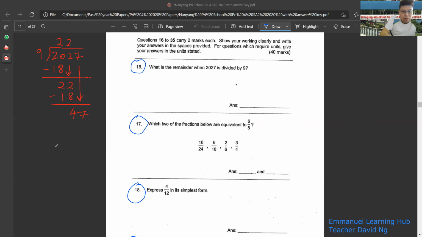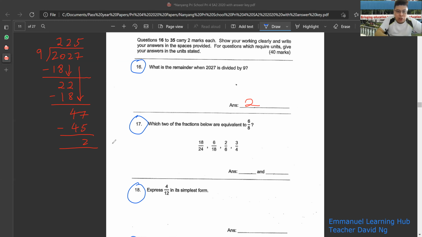Wait. Bring down the 7. And 9 times 5 equals 45. Don't minus. So what is the remainder? 2. Remainder is 2, not 225. Quotient is 225. Remainder is 2. You just write 2 here. Of course, you show this working somewhere here.